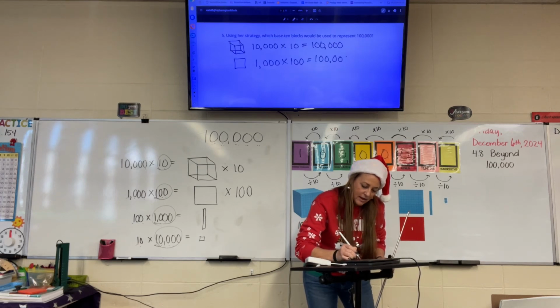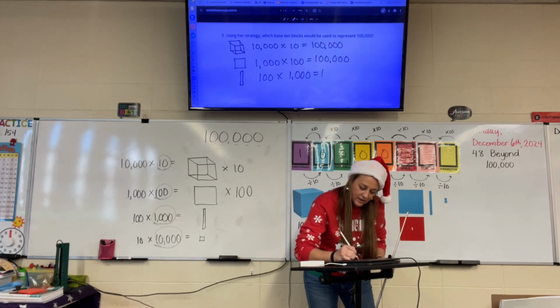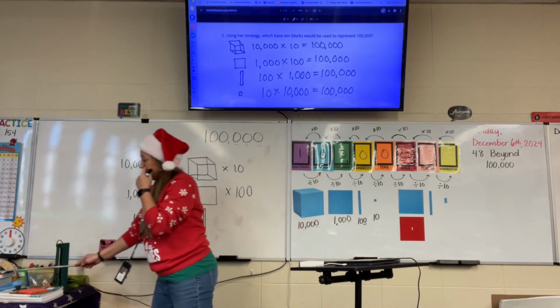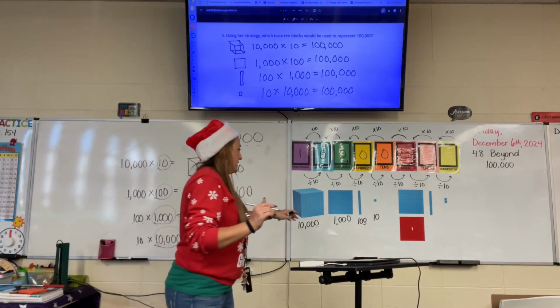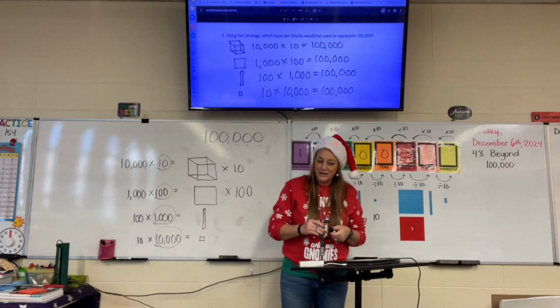Get this written down if you haven't already. And then on the long ones that are worth 100, we multiplied times 1,000 to get 100,000. And then these little small ones, which are worth 10, we multiplied times 10,000 to get 100,000. So those are the different ways that you can make 100,000 using these alternative values. There's so many zeros.